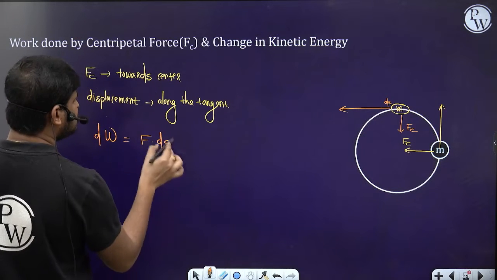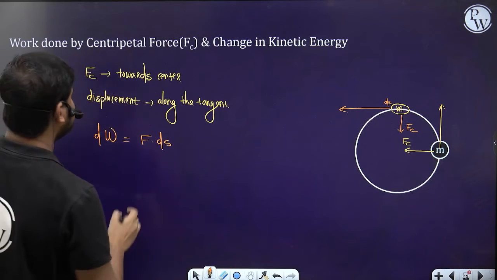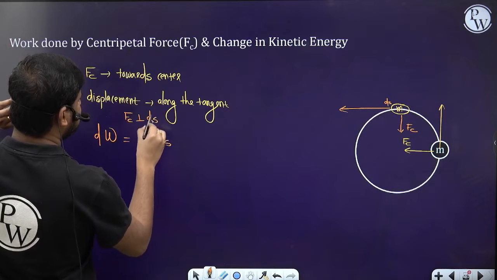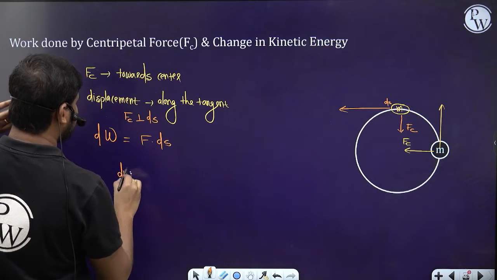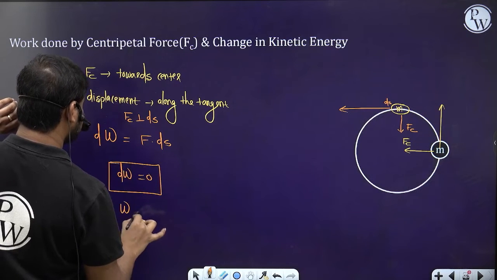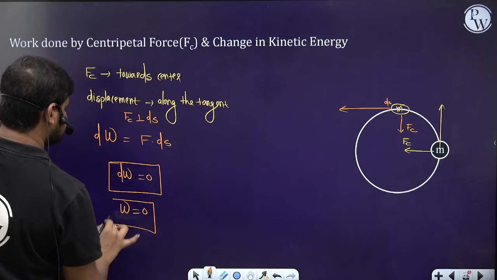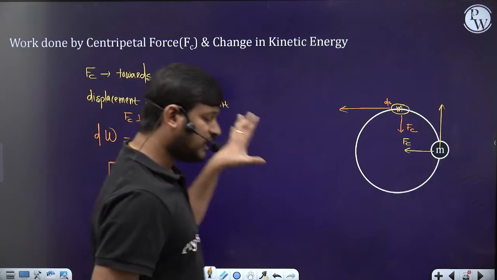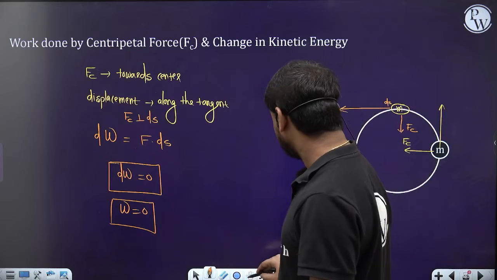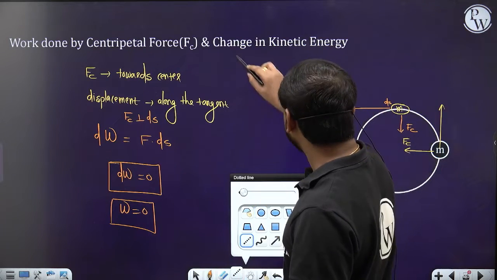Here force and ds are perpendicular to each other, so the work done will be equal to 0. So the total work done by a centripetal force is 0. Clear?